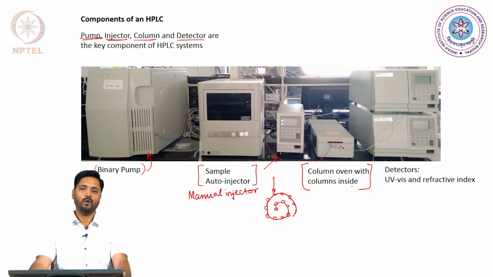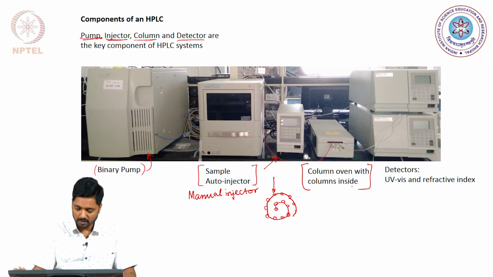So, we would want to keep our columns in a very controlled temperature environment, and for that we use a column oven which can be set at a particular temperature.